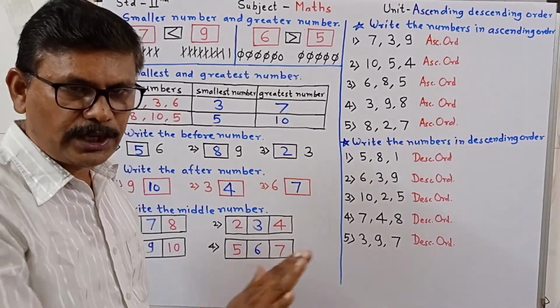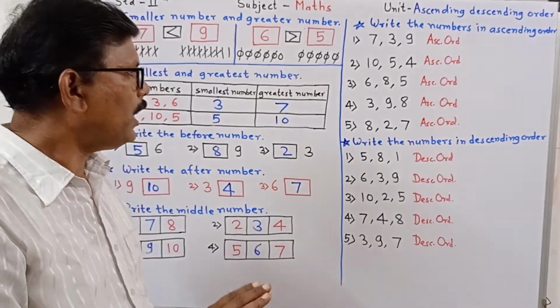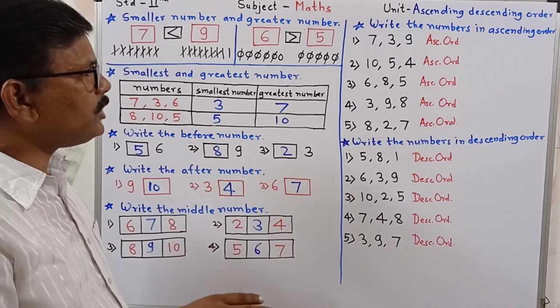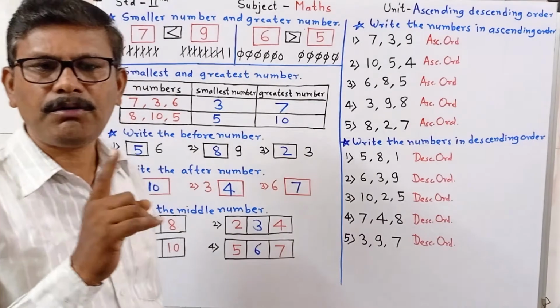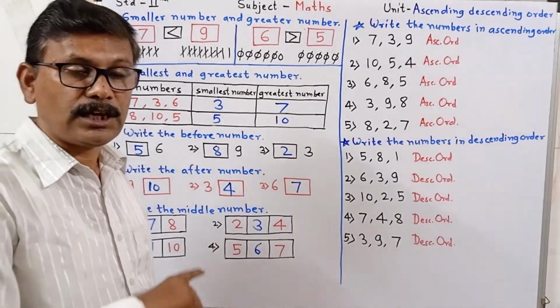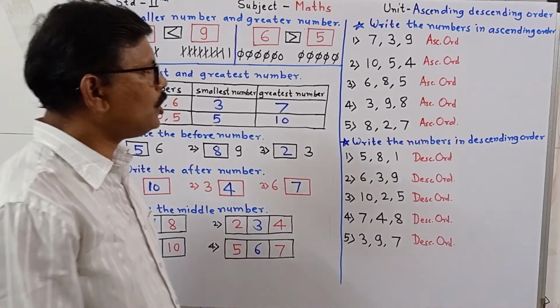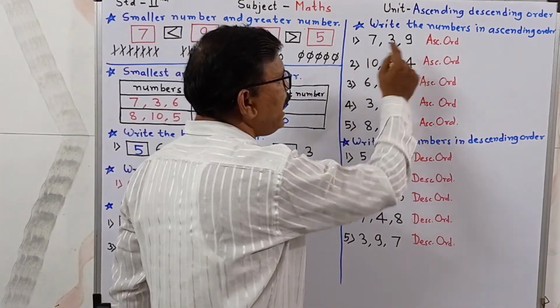We walk upstairs, no? This time, okay? Upstairs. So first, in ascending order, we must write the smallest number first and the greatest number last. Okay? So count. There is 7, 3, 9.